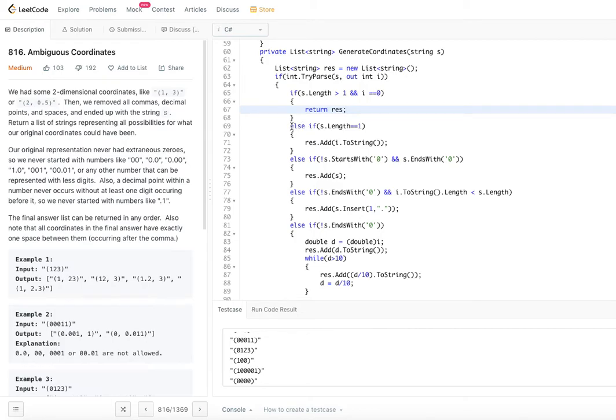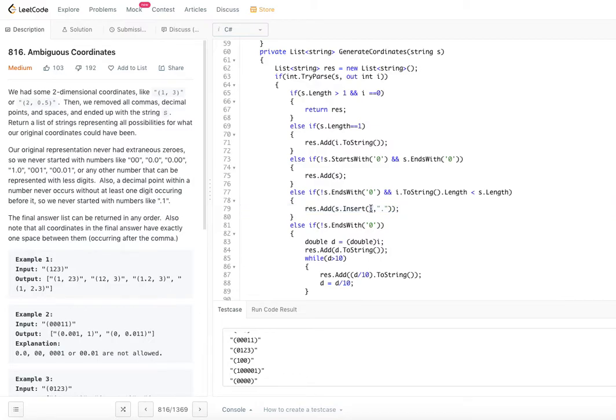And if s dot length is equal to 1, that means we just add that number to the result array. If it doesn't start with 0 and ends with 0, then we are just going to add the string to the result array. If it doesn't end with 0 and its length is less than the string length, that means we just put the decimal point at the first position.